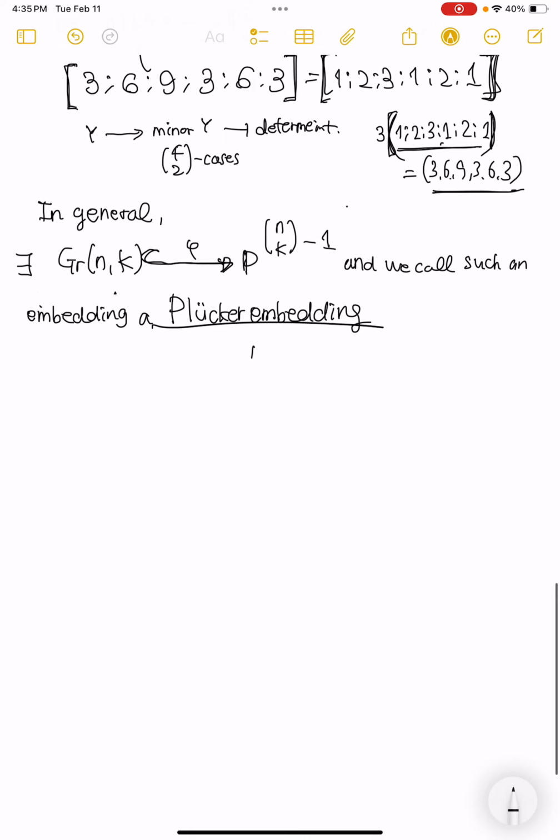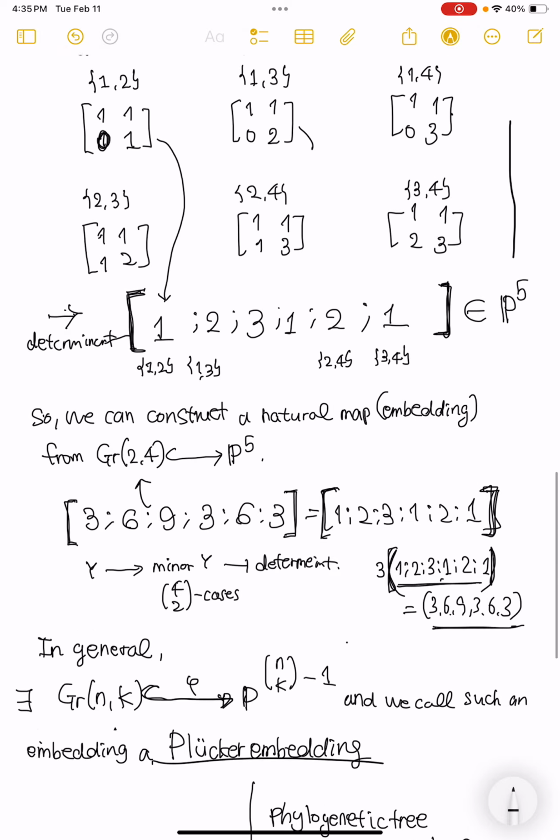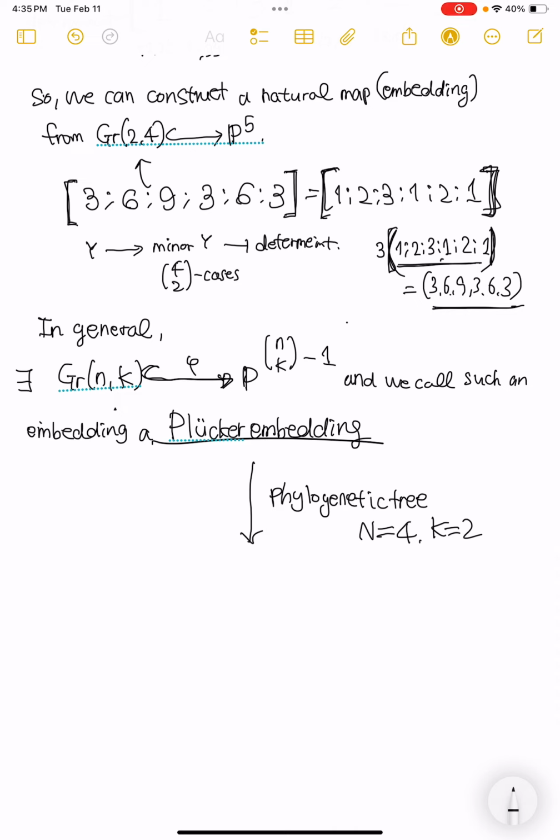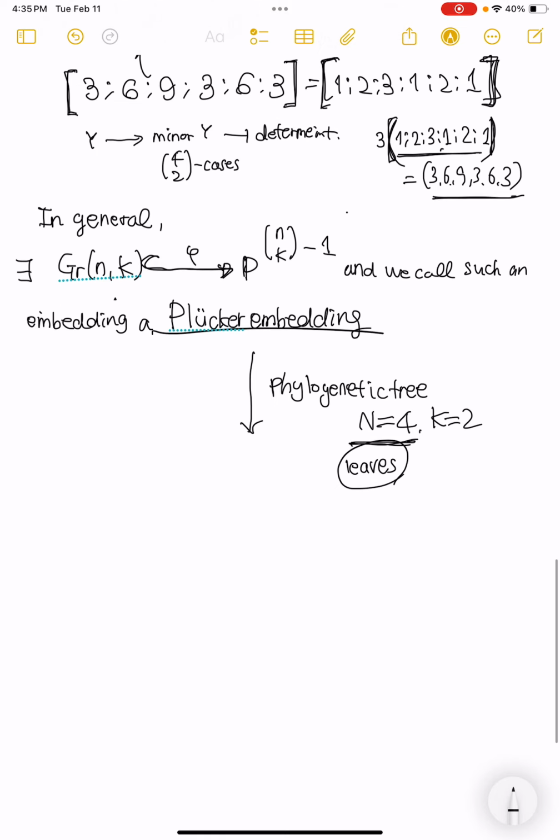If we apply this concept to a phylogenetic tree, as before n is equal to 4, k is 2. In that case, n corresponds to the total number of leaves in a phylogenetic tree, like this.